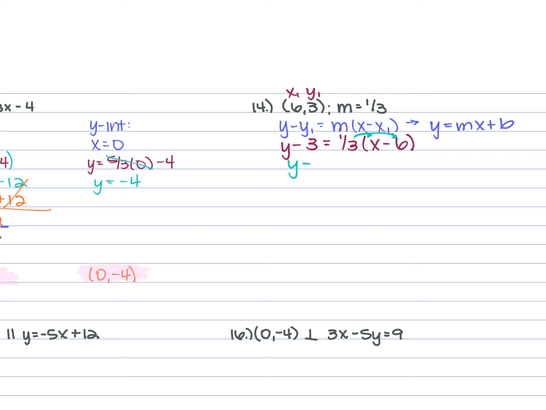So you're going to have y minus 3 is equal to 1/3 x minus 6/3, which is 2. To get y by itself here, what are we going to do? Add the 3 to both sides. So this leaves us with y is equal to 1/3 x plus 1.